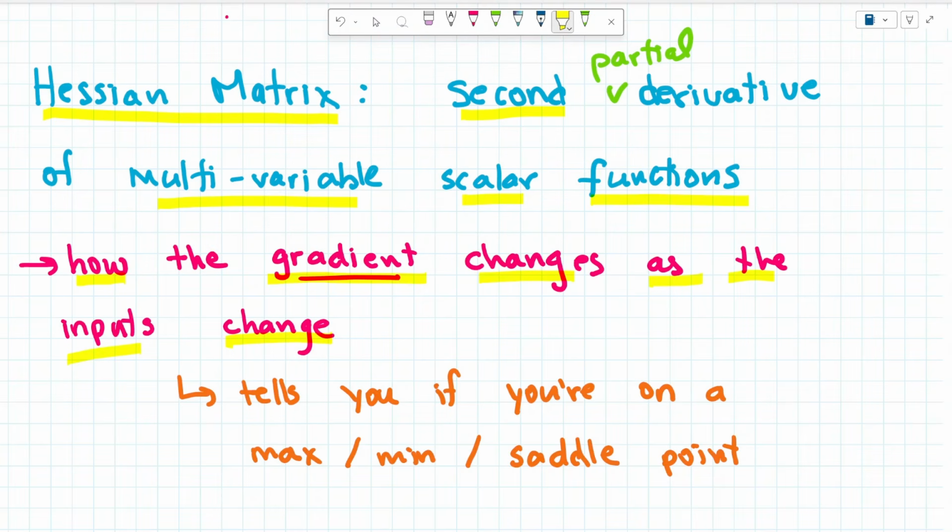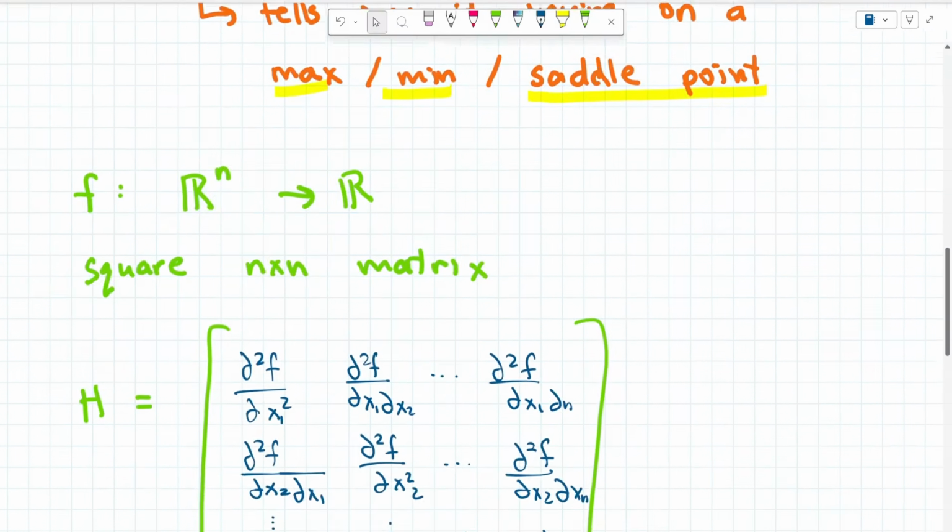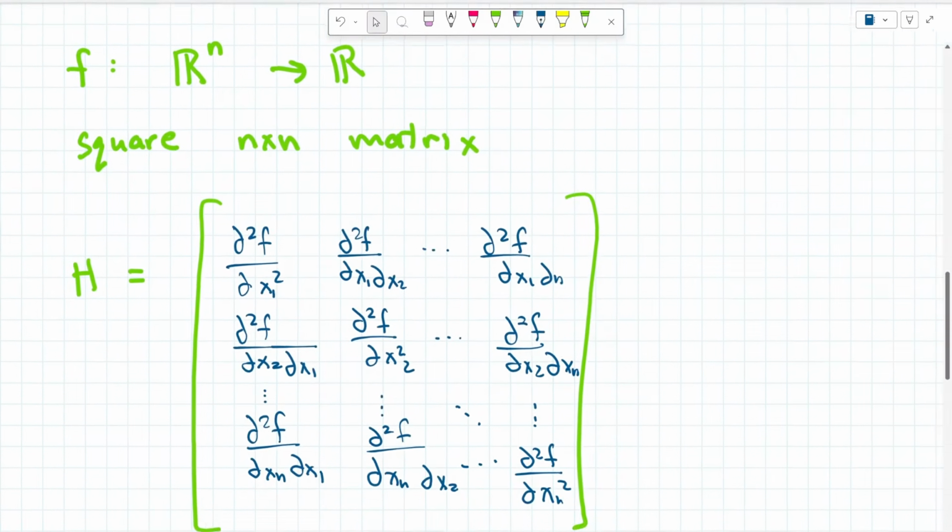And the Hessian matrix in linear algebra and optimization can tell you so much about a problem. In particular, it can tell you if you're sitting on an extrema, such as a maximum or a minimum, and it can also tell you if you're on a saddle point by analyzing some of its behavior. So let's look at how a Hessian matrix looks in practice.